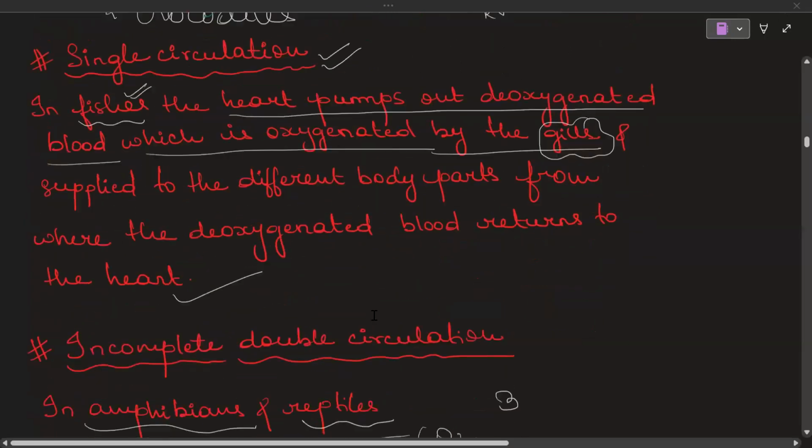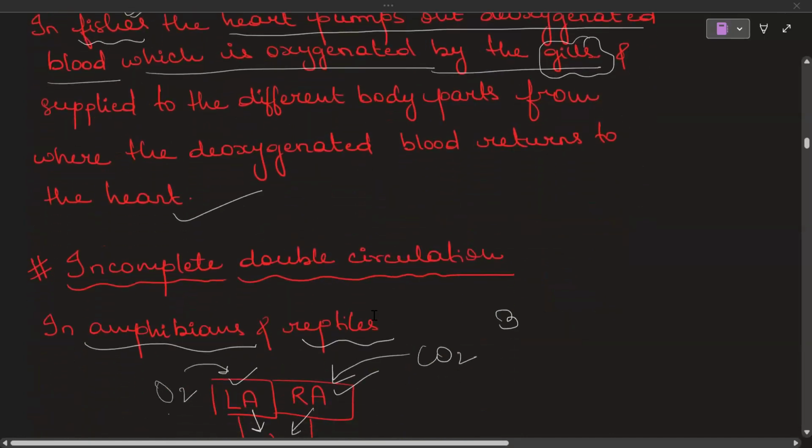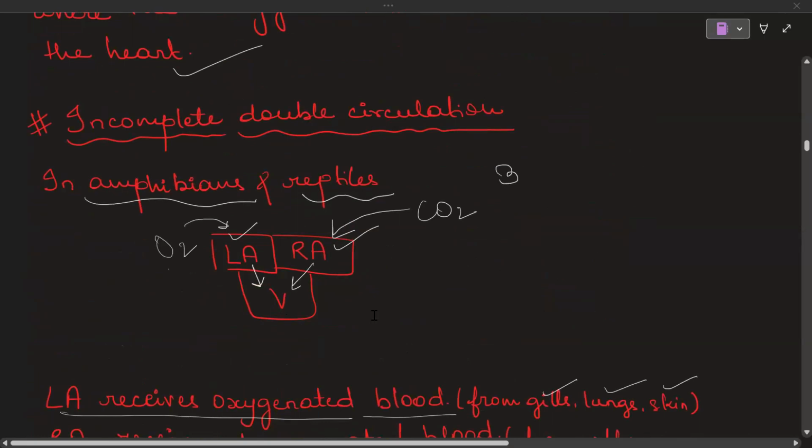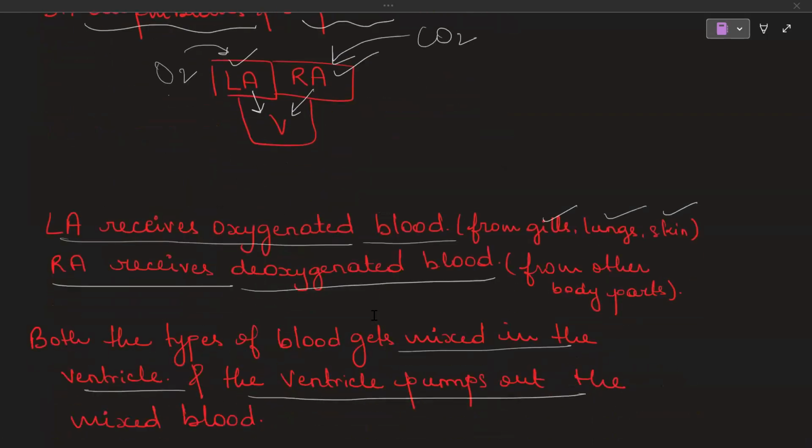Maybe she's not there. All right, so we saw that in the case of fishes, single circulation happens. Now, we have already discussed that in the case of amphibians and reptiles, since they have a three-chambered heart, incomplete double circulation takes place. Always remember, no matter which organism, if a left auricle and a right auricle are there, the left auricle will receive oxygenated blood from the gills, lungs, or whatever is the respiratory organ.